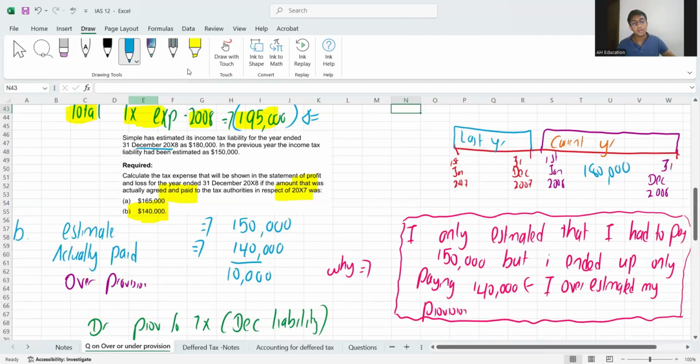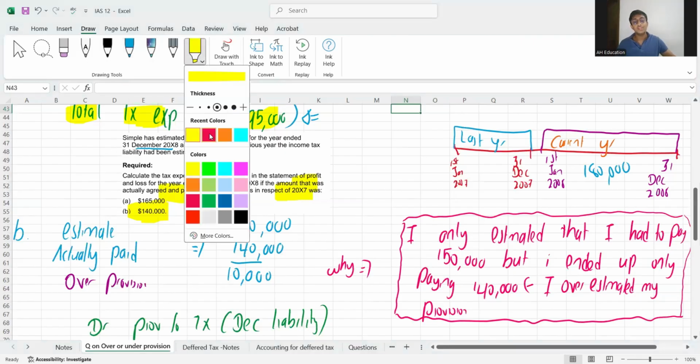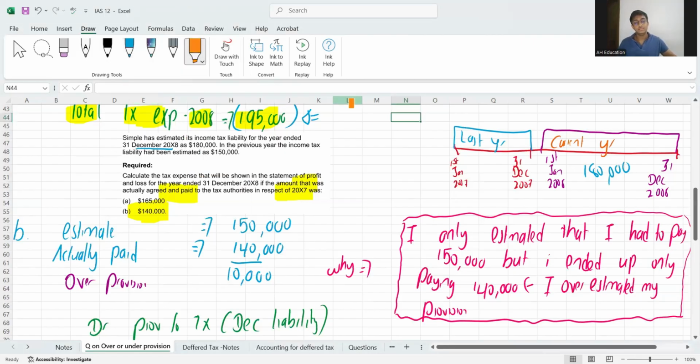Now, again, coming to the same thing. See, in the year ended on 31st December 2007, I only expected my tax payment to be 150,000. So that is the amount that I have allocated in terms of tax expense, which I'll be paying in my next year, which is 31st March 2008. So that is what I expected.